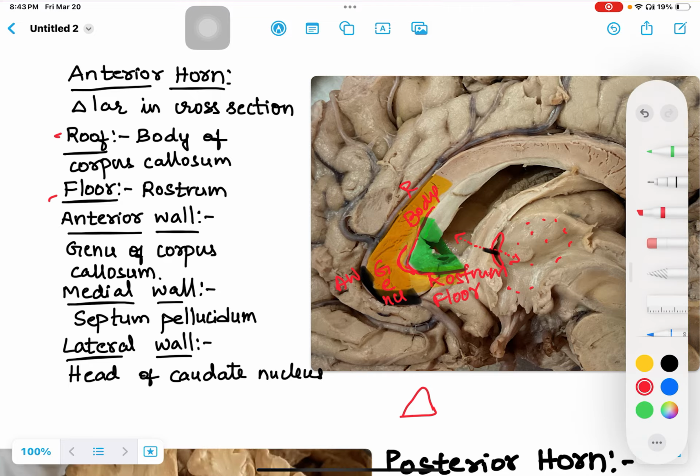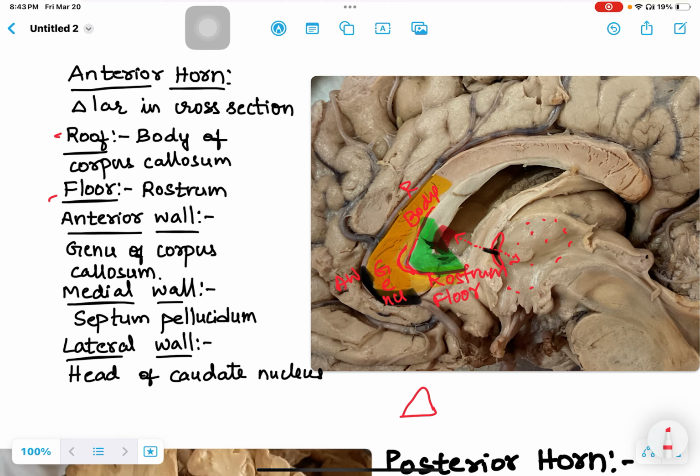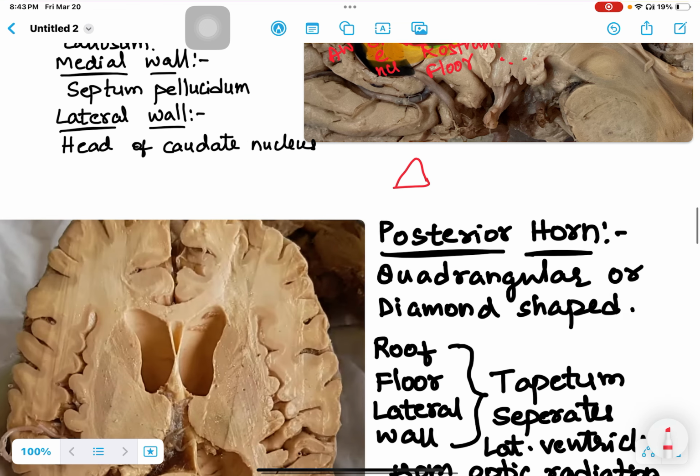This bulging is nothing but the head of the caudate nucleus. All this is the body of the caudate nucleus, which is forming the floor for the central part. So this head is forming the lateral wall for the lateral ventricle. So this is about the anterior horn.